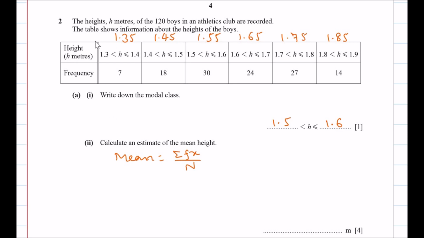Now this is the x value, and the frequency is f, which is here. Now we just need to multiply them. So 1.35 into 7 plus 1.45 into 18. So let me write it here.